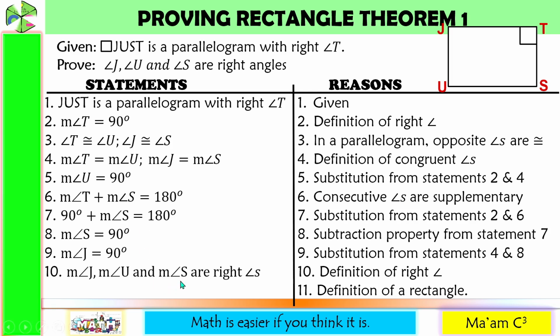It measures 90 degrees. And the last reason, definition of a rectangle. Since we are proving that if one angle is 90 degrees, then it has 4 right angles, the parallelogram now is a rectangle. So now we can say that parallelogram JUST is a rectangle.